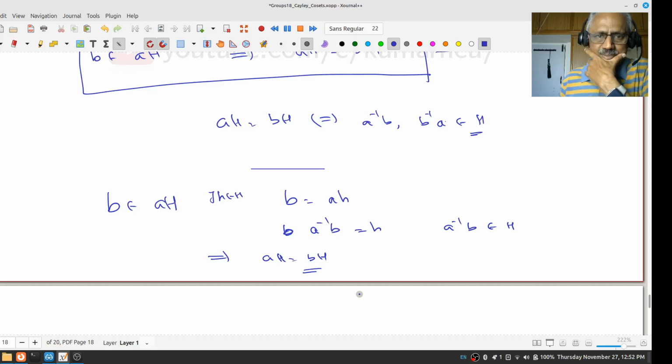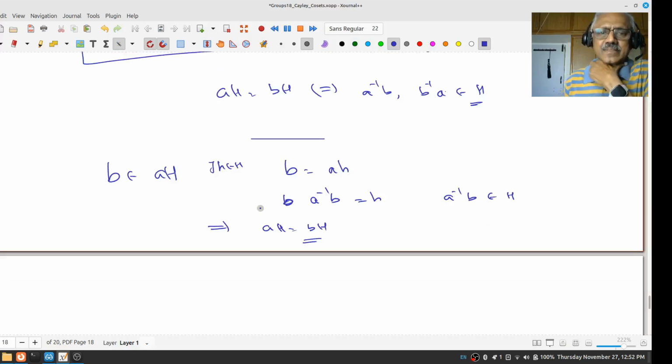Are you following? B belongs to AH means there is h such that B equal to Ah. So multiply by A inverse: A inverse B is h.